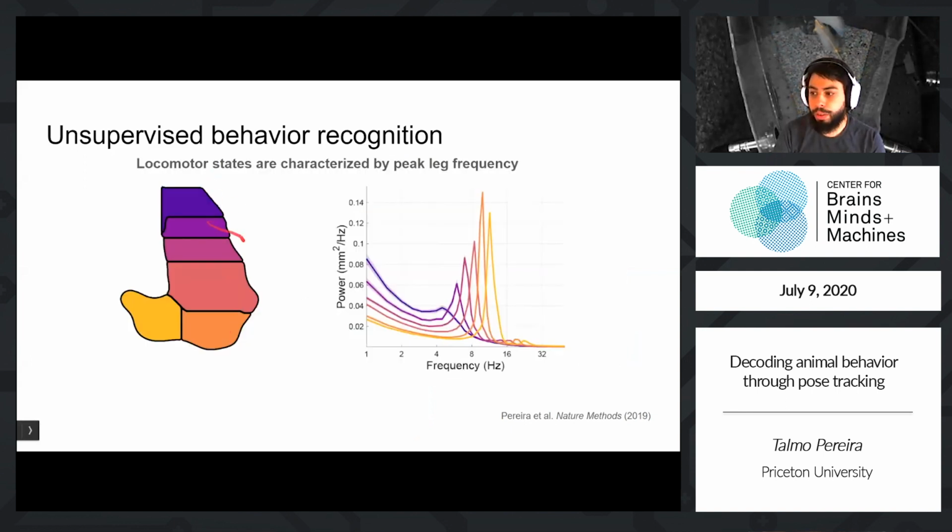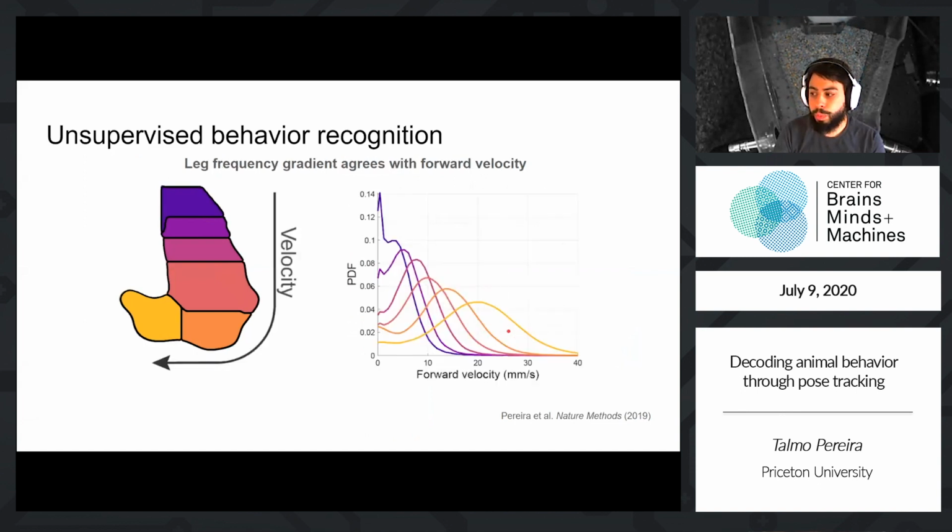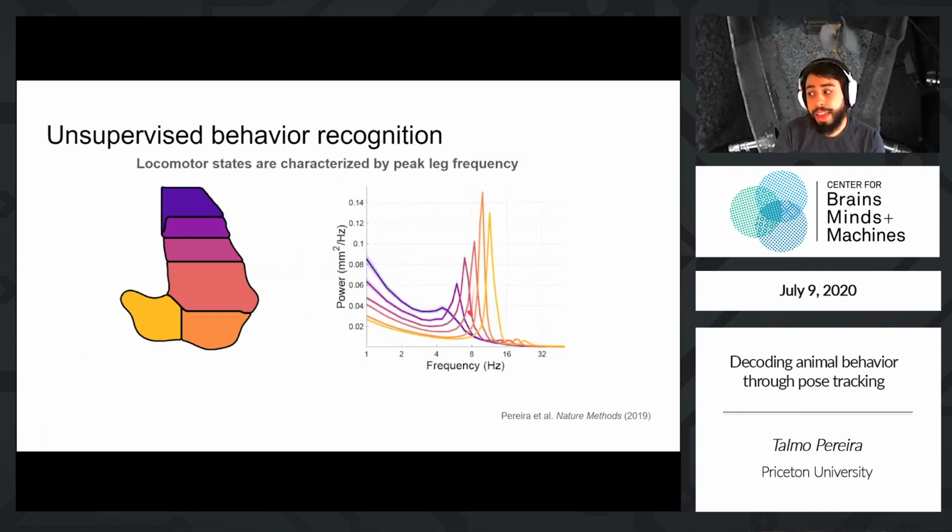And if we characterize each of these clusters by their spectral distribution, we find that they are indeed characterized by these different leg oscillation peaks. So if we plot this against velocity, we find that there's a total overlap in the distribution of their forward velocities that is not present in the peakiness of their frequency tuning.